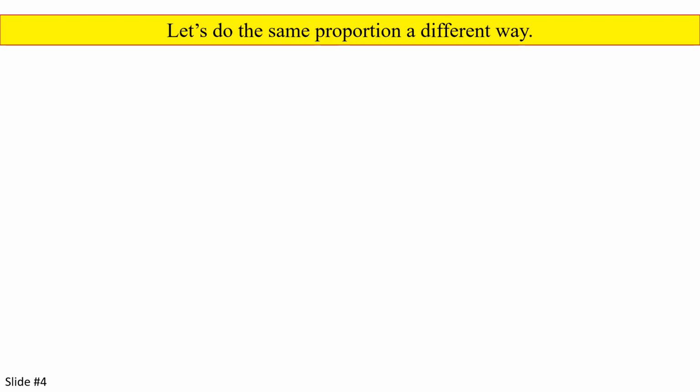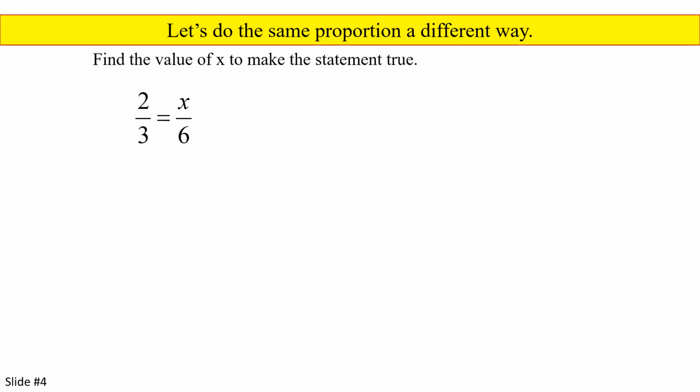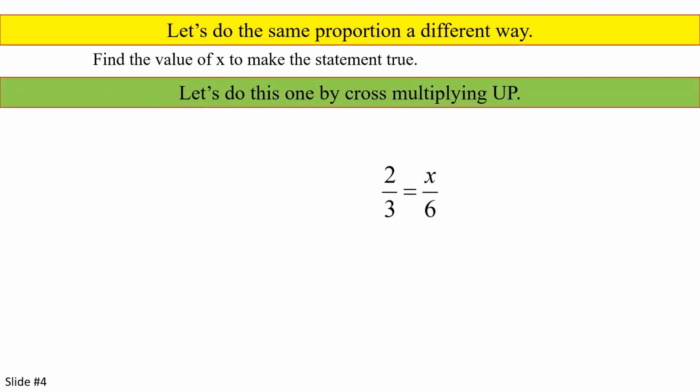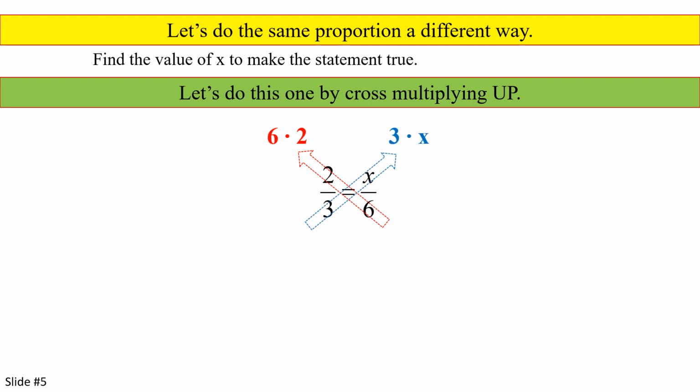Let's do the same proportion a different way. Let's do this one by cross-multiplying up. So 6 times 2 and 3 times x. We're cross-multiplying up, starting from the bottom. And because we're cross-multiplying up, the same symbol that's between the two fractions becomes between the two results.